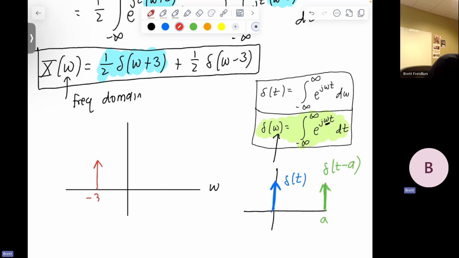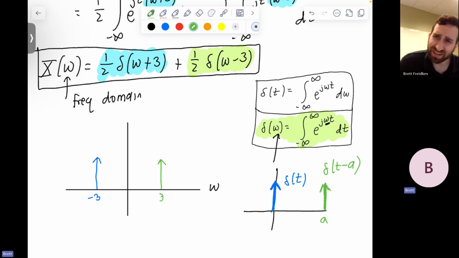So this is at -3 radians per second. Maybe I'll try to map colors. This one's at -3. And then if I go and look at this one, we see we've shifted it to the right by 3.